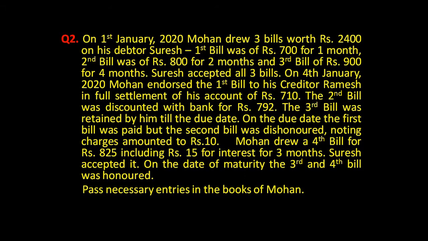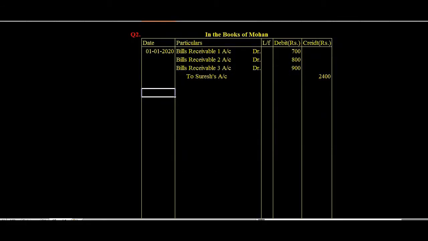Let's read further. It says the first bill for 700 for 1 month, second 800 2 months, and third bill 900 4 months. Suresh accepted the bills, and on 4th Jan, Mohan endorsed first bill to his creditor Ramesh in full settlement of his account of 710. We need to understand this first. Let's write the date.